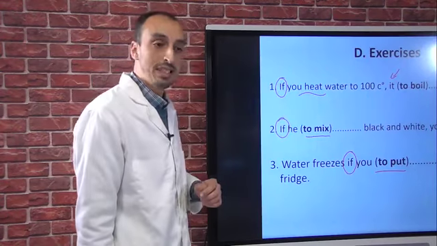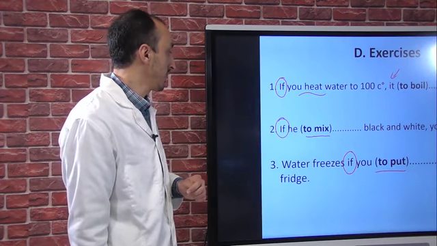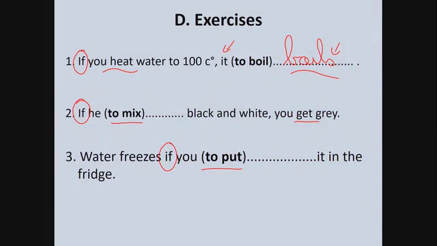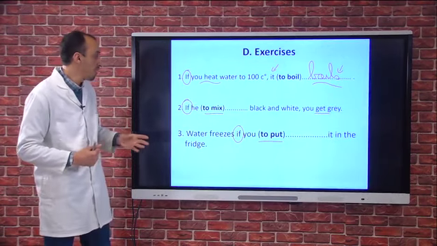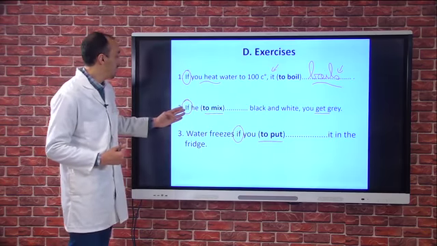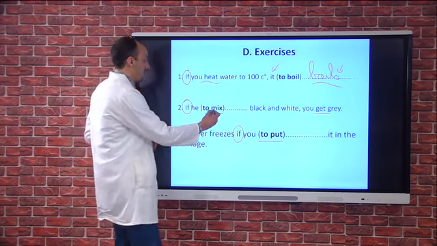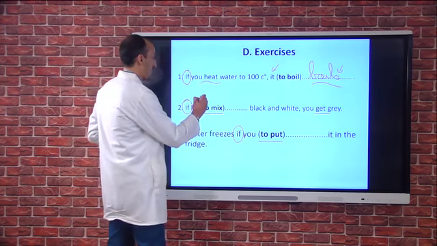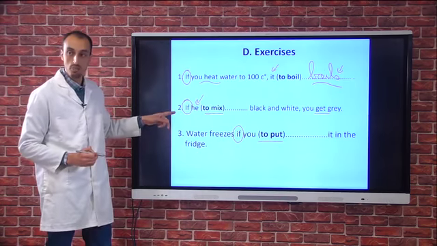Now, let's move to the second sentence. We have two colors, black and white. This is black and this is white. What happens if you mix them? So, you get gray color, right? So, we have the main clause. We're looking for the if clause. Look, mix. So, remember, we have the pronoun he, third person singular.